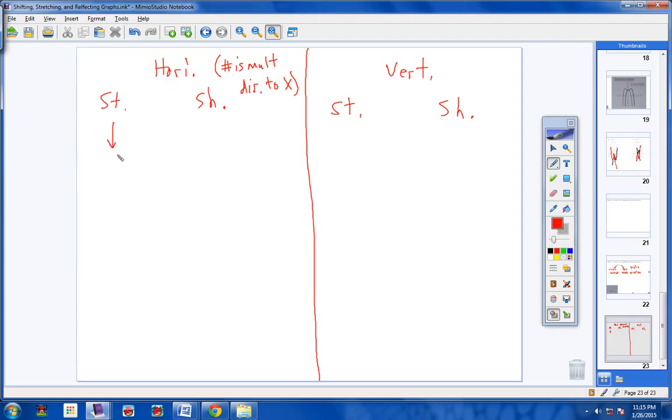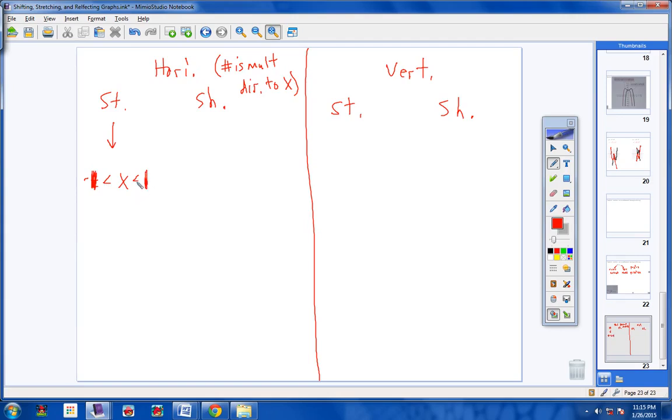For a stretch, it would be x greater than -1/2 and less than 1/2. No, it'd be 1, sorry. So -1 and +1 here.